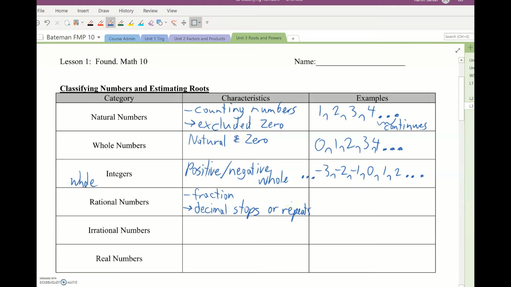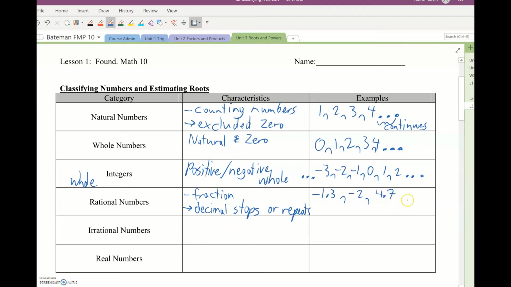Some examples of rational numbers: negative 1.3 is not an integer, but it is a rational number. Negative 2 is a rational number. 4.7 is a rational number.